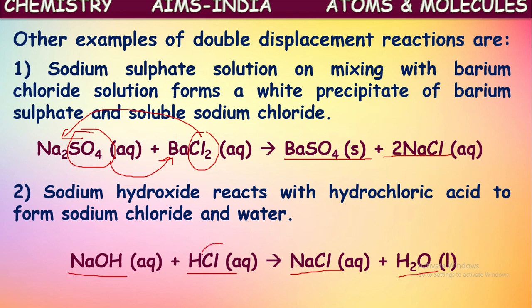What's happening here? The chlorine combines with sodium to form sodium chloride. The hydroxide ion combines with hydrogen to form water. Mutual exchange of ions is occurring between these two molecules. So it is a double displacement reaction or double decomposition reaction.